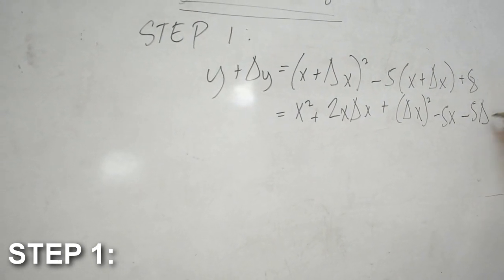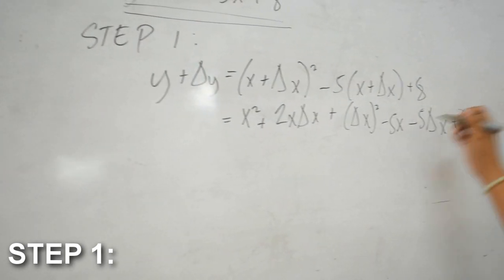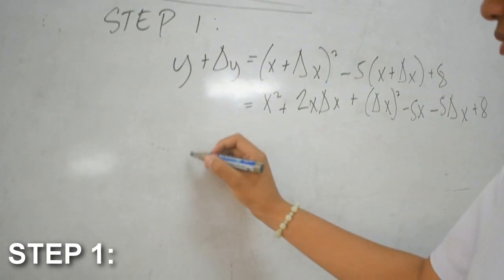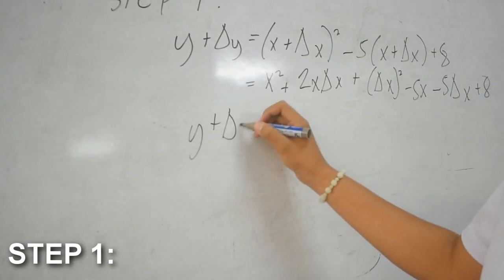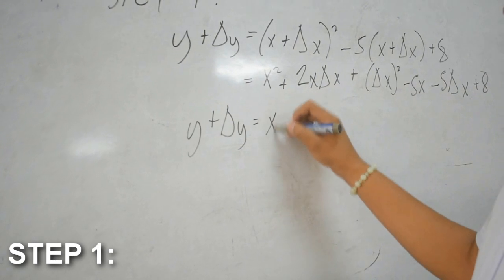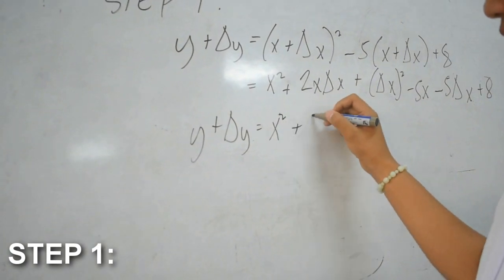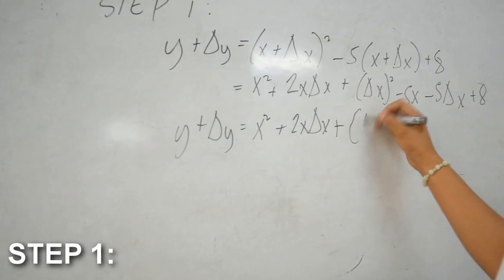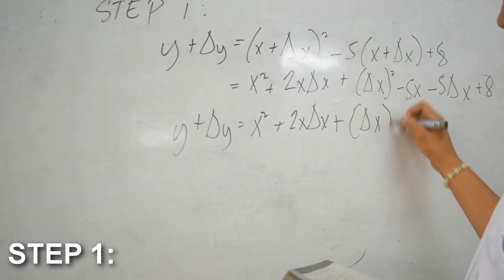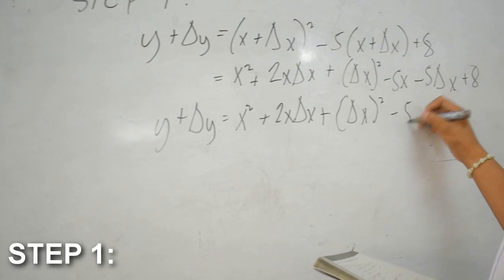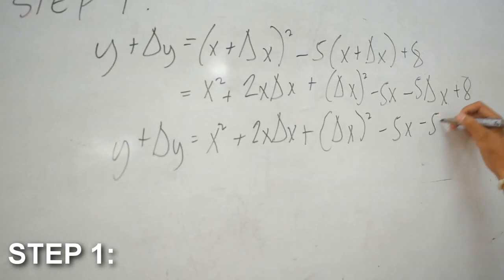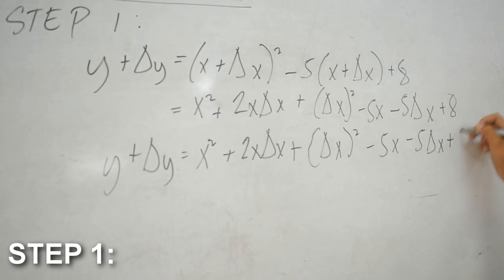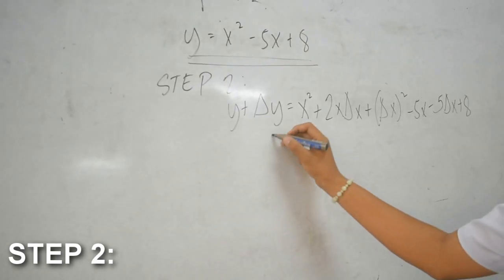Note, use the Pascal's triangle. Then we have the answer. Y plus delta y equals x squared plus 2x delta x plus delta x squared minus 5x minus 5 delta x plus 8. Simplify. We have y plus delta y equals x squared plus 2x delta x plus delta x squared minus 5x minus 5 delta x plus 8.